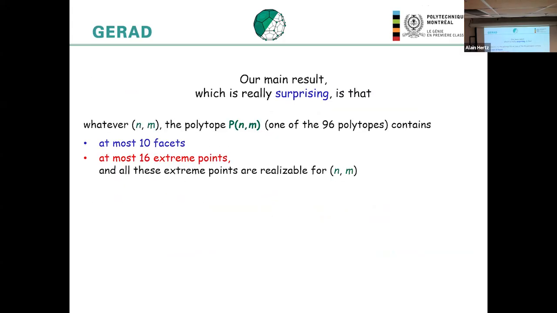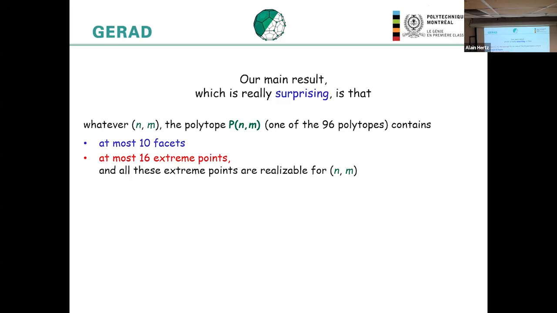And our main result, which is really surprising: whatever n and m, the polytope, in one of these 96 cases, has never more than 10 valid inequalities, never more. So among the 21, you had never more than 10 of them active, the 10 facets.